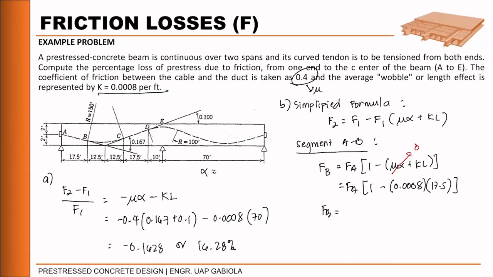We have a value of 0.986 ng FA. Okay? So, ibig sabihin nun, due to wobble effect, pagpunta nyo sa B, yung pre-stressing natin is 0.986 na lang nung original pre-stressing natin nung nag-start tayo. Okay? So, yun yung segment A, B. Next, segment BC tayo.